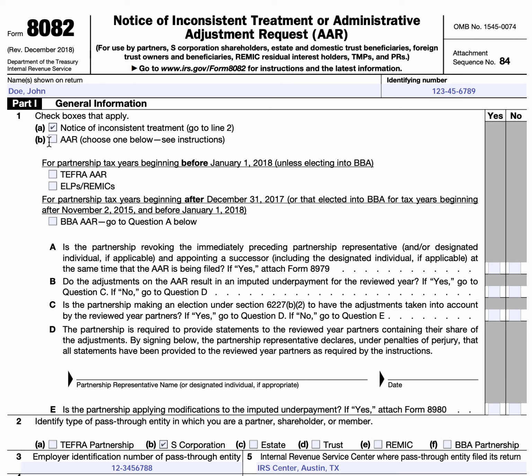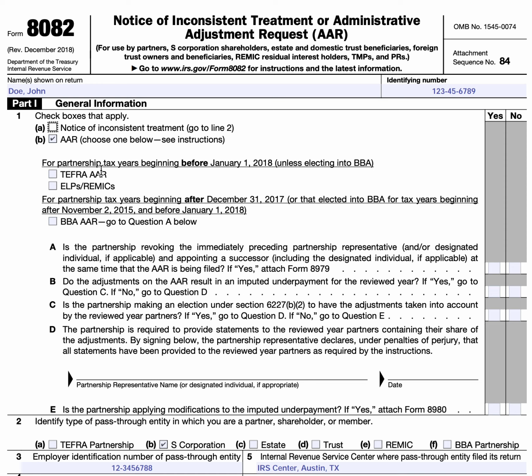So again, step-by-step instructions. Let's just pretend for a moment that we're going to go through this as an AAR. So basically, this is probably not applicable for many taxpayers anymore, unless there are credit carry-forwards or carrybacks that might be applied. For partnership tax years beginning before January 1st, 2018, you would elect either a TEFRA AAR or an ELP or a REMIC.